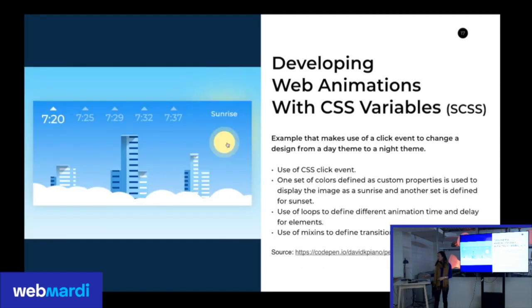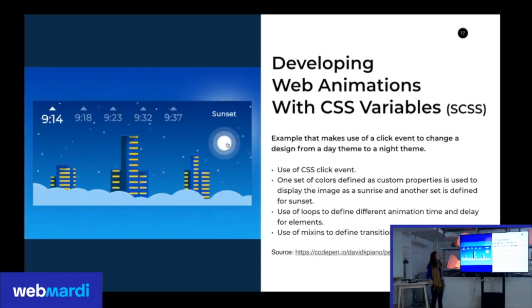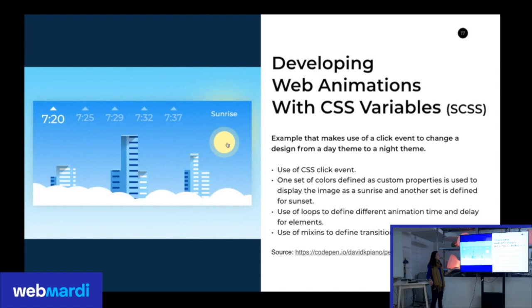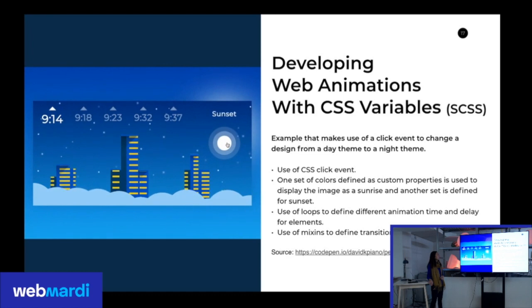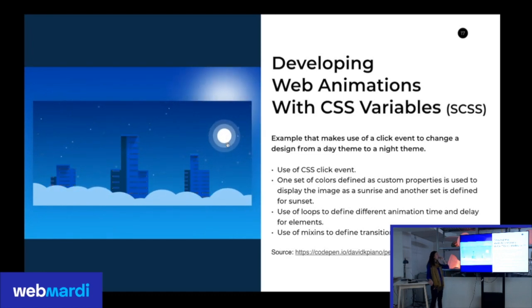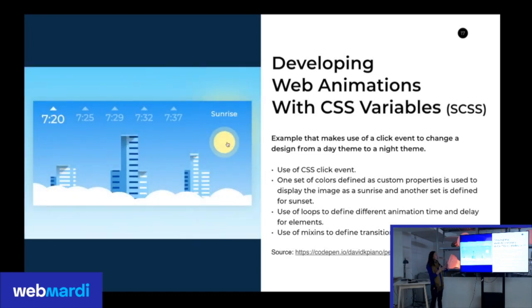It can also become more complex when you start to use CSS variables with a preprocessor. Here is an example. The code is quite complex, but what we can get out of it is that there's a CSS click event.